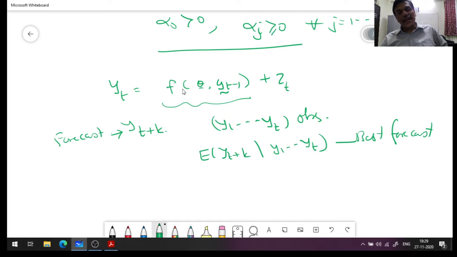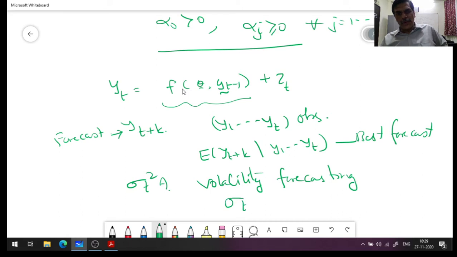In this case, my interest is to forecast not this, but rather this quantity. So we are interested in forecasting this. That is called volatility forecasting. I would like to know what this is going to be at a k time point.